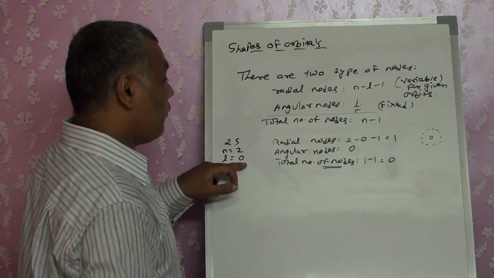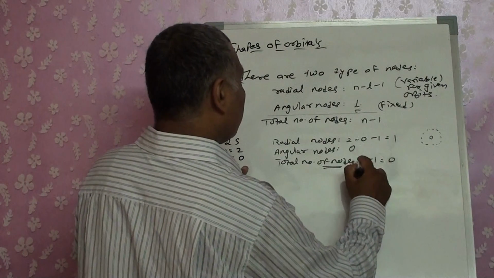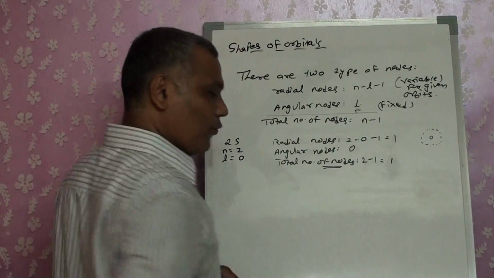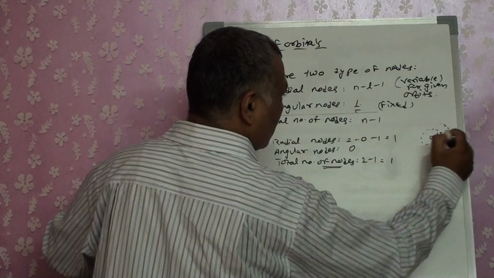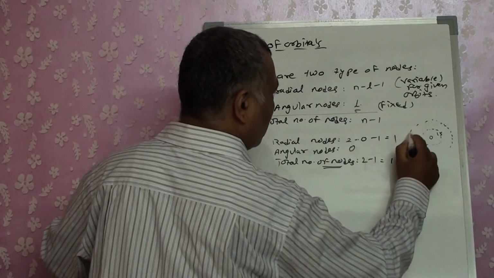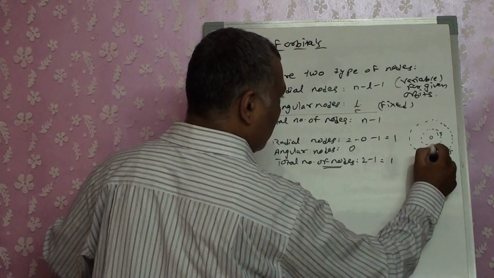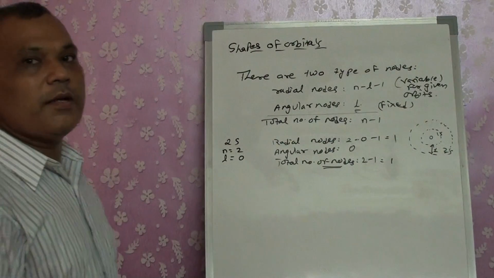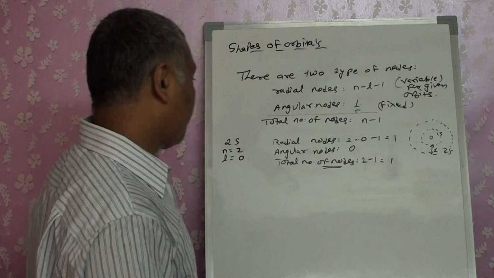Right? While the total number of nodes we get as 2 minus 1, that is 1. 1 plus 0, 1. If I am plotting the 2s orbital around it, there is one node, or one nodal plane, present between 1s and 2s.